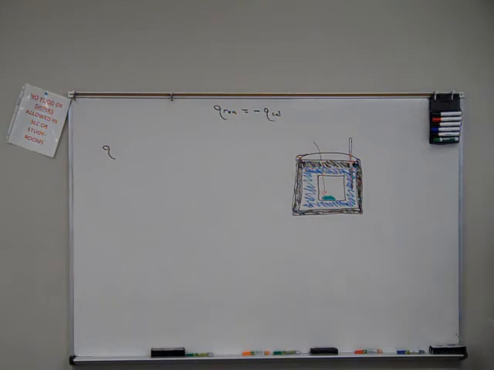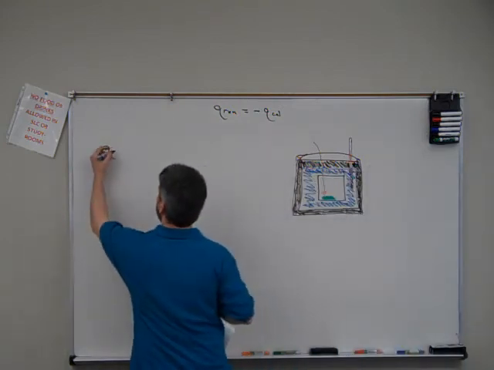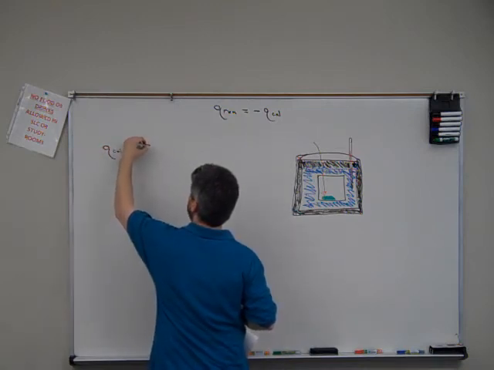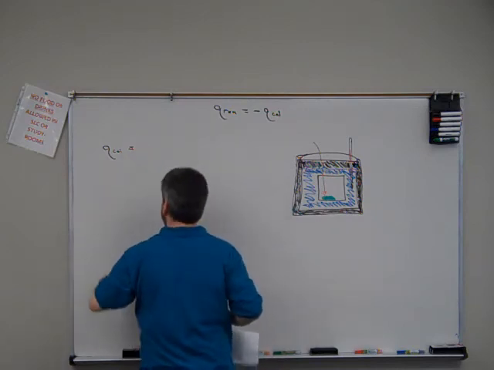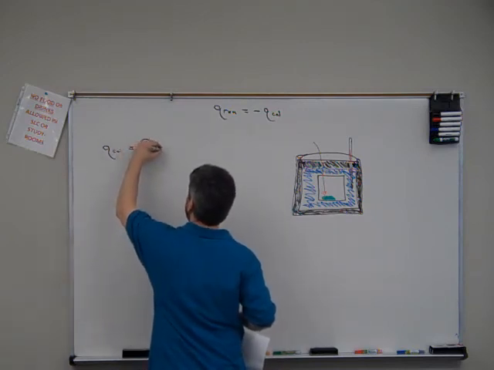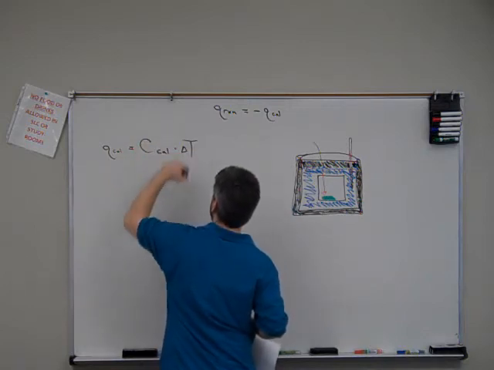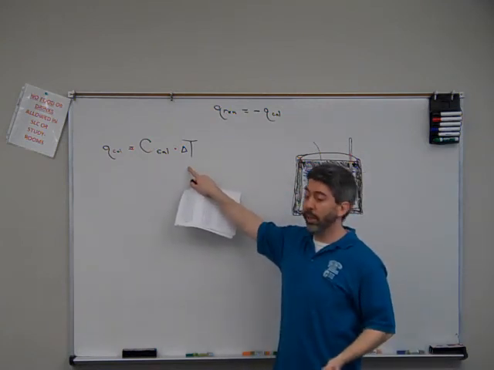Alright, basically then, here's your bomb calorimeter. And for a bomb calorimeter, the Q of the cal can be measured based on the heat capacity of the calorimeter. The symbol for that is C-cal times delta T. So C-cal is the heat capacity of the calorimeter, delta T is the change in temperature.